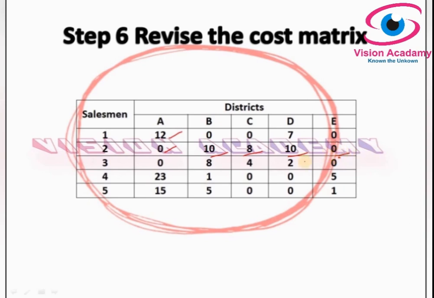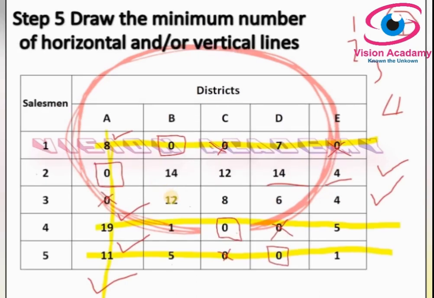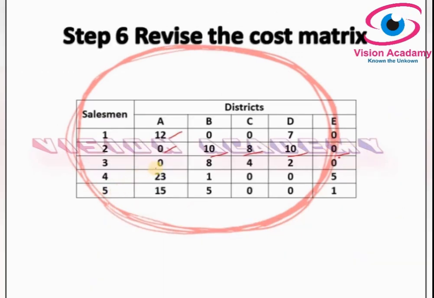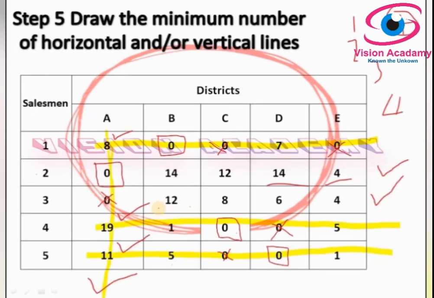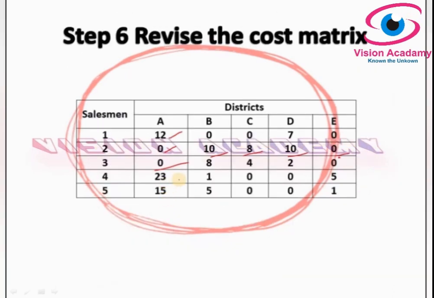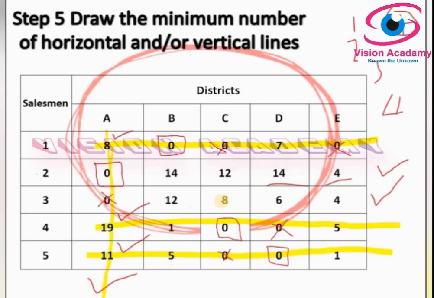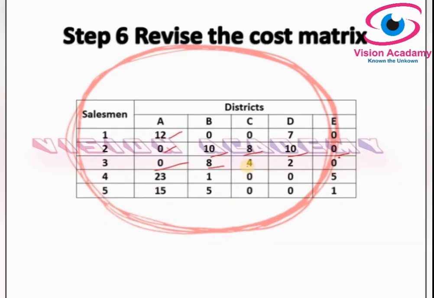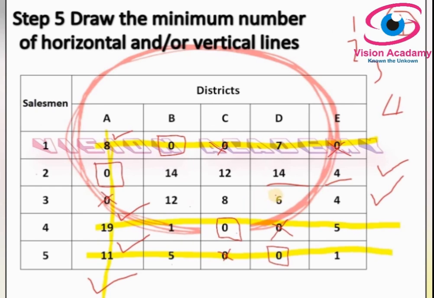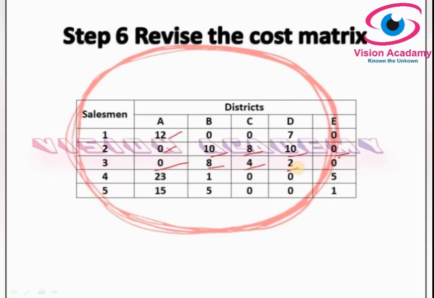I have subtracted where there are uncovered areas. Okay, here 0 remains the same because it is covered by lines and is not intersection. And here 12 which is uncovered area: 12 minus 4, 8, and 8 minus 4, that is 4, and 6 minus 4, that is 2, and 4 minus 4, that is exactly 0.